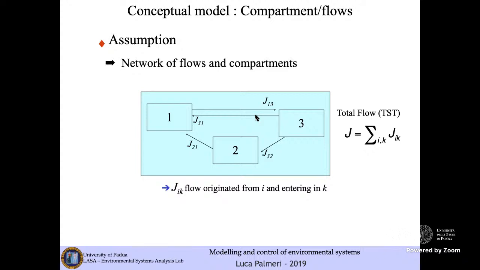We give up the pretension of describing all the details. Instead, we are seeking holistic indicators that can give us some information concerning the performance of the system. As I told you, temperature is a good example of a holistic indicator.